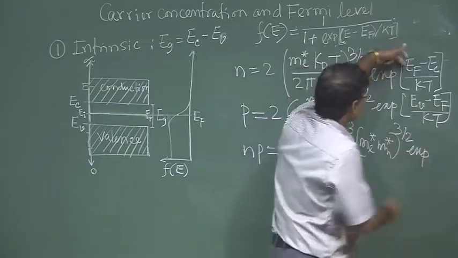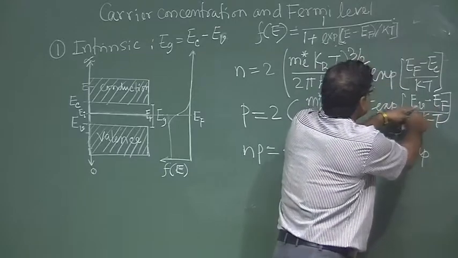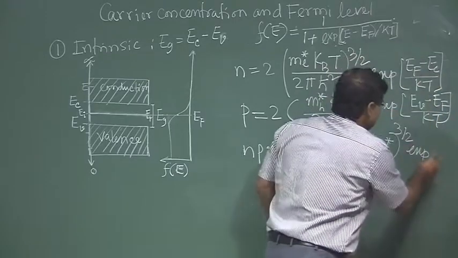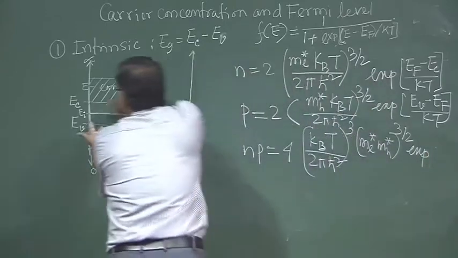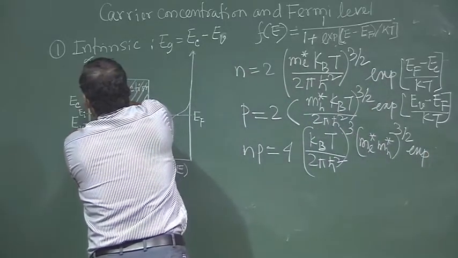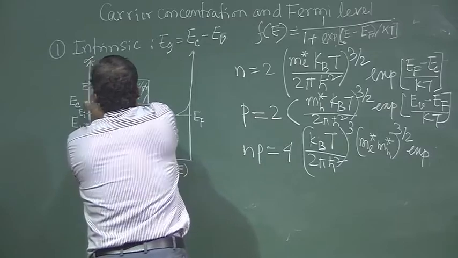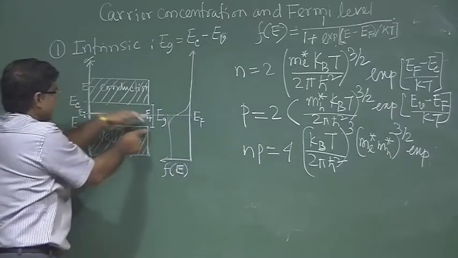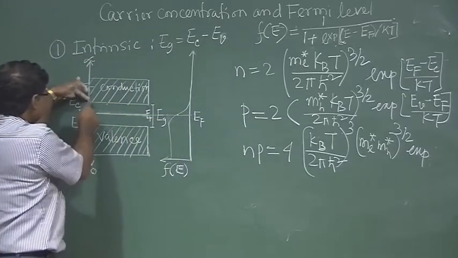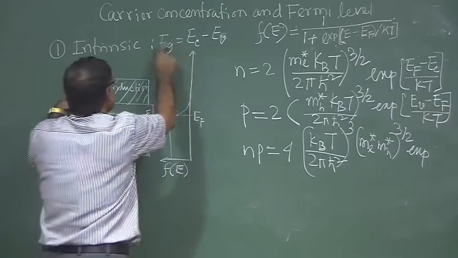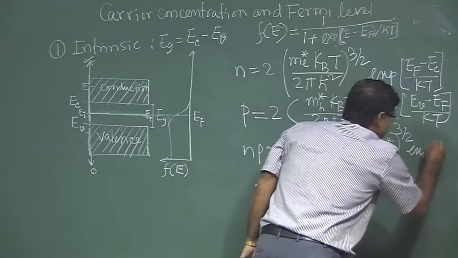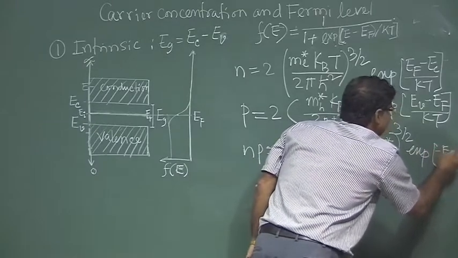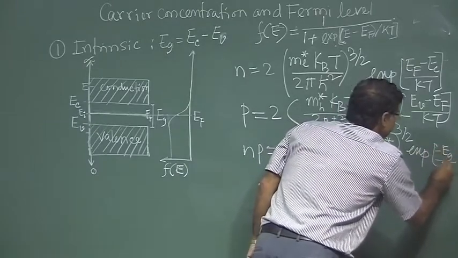EF will go, so you will get exponential of EV minus EC. EC minus EV is EG, so it is basically minus EG by kT.